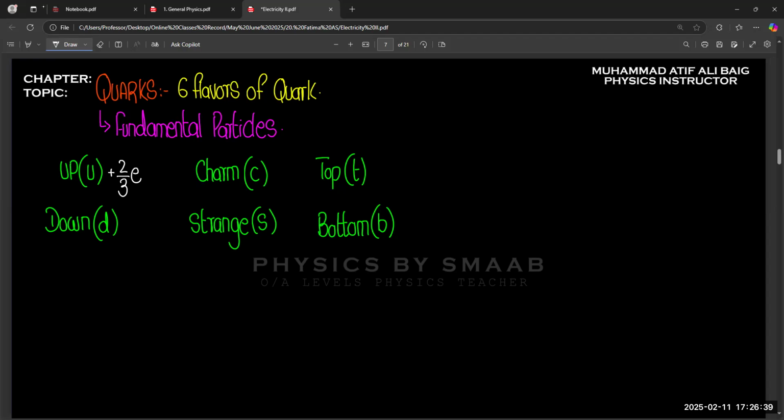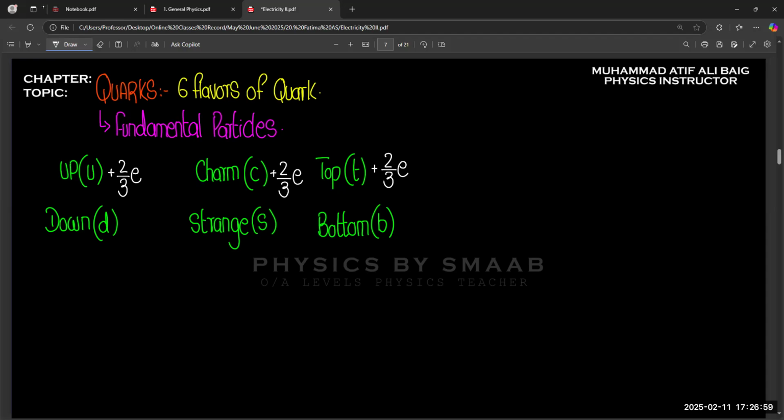In the same way, the value of charm is also the same. So the charges for up, charm, and top remain the same, plus 2 over 3 e.